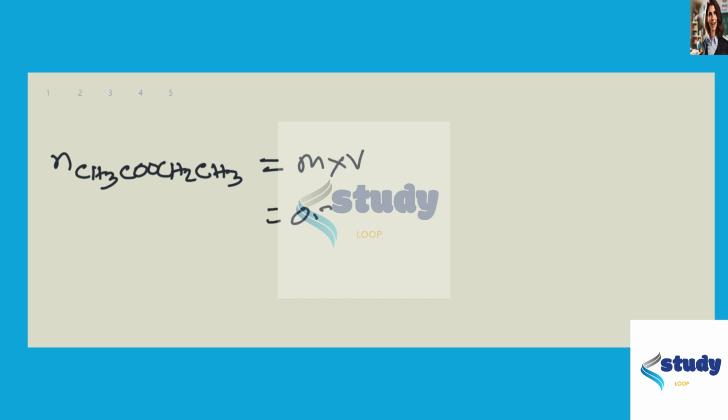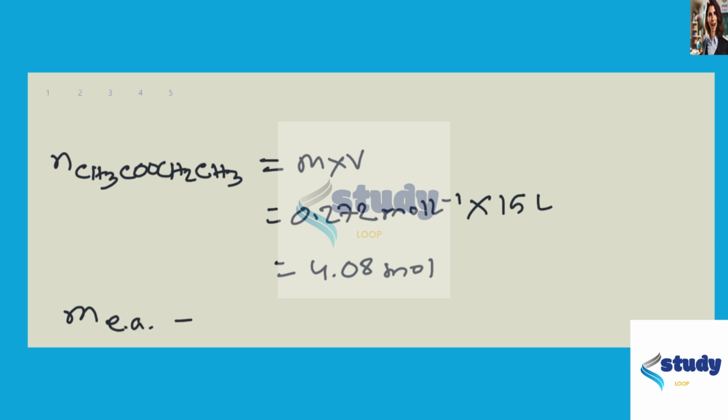So the concentration is 0.272 molar, or mole per liter, times the volume, which is given as 15 liters. So the number of moles will be 4.08 moles.